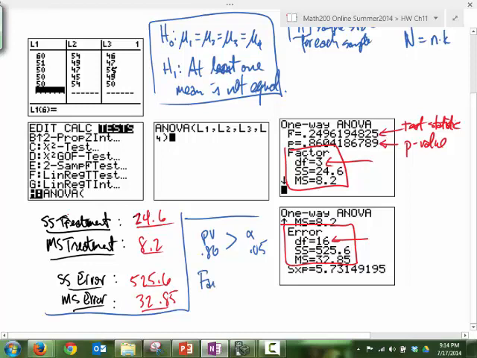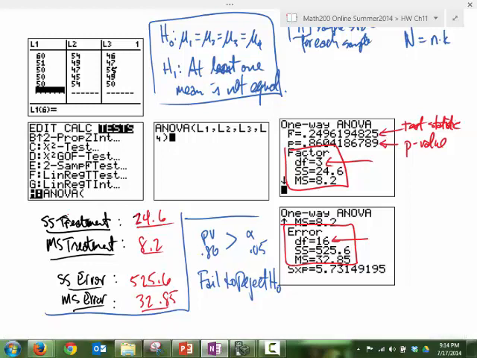We failed to reject the null hypothesis. So if we failed to reject the null hypothesis, we were not able to reject the idea that the means are all the same. So we can probably conclude that the means are very similar to each other.